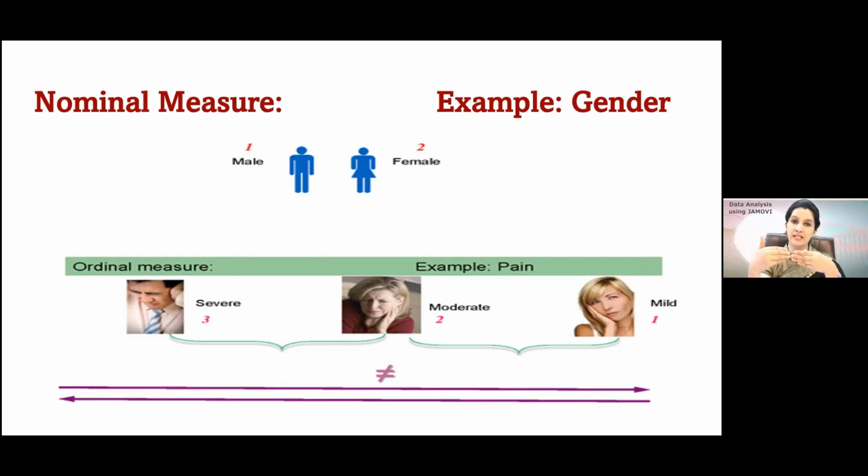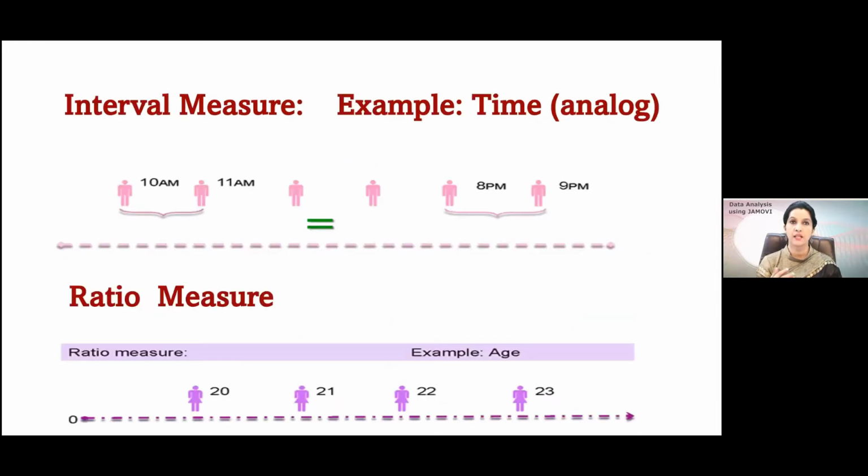We stage the cancer like stage 1, stage 2, stage 3, and stage 4. We cannot give 1 to stage 4 because then the order will be reversed. That's why in an ordinal scale, there will be an order, and the higher the ranking, the more the severity is.